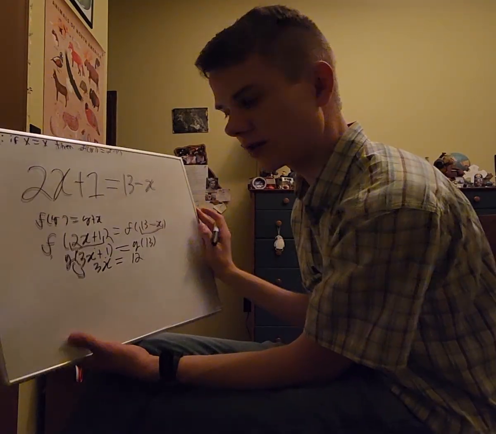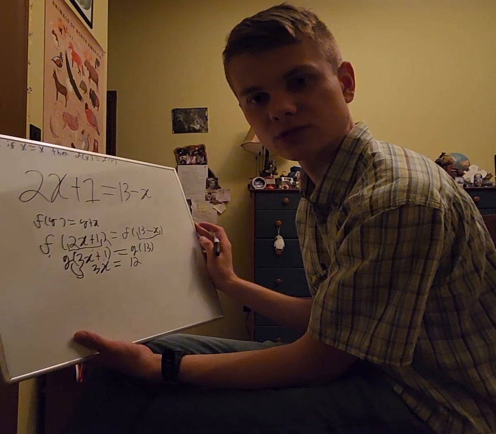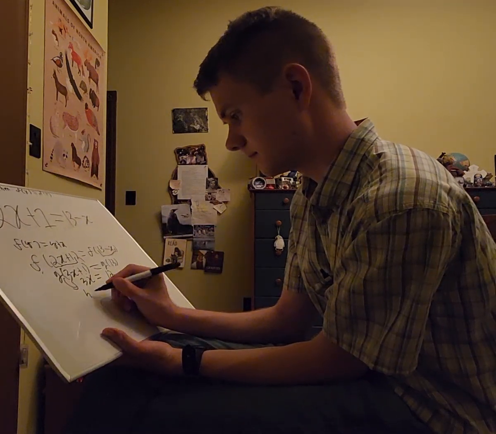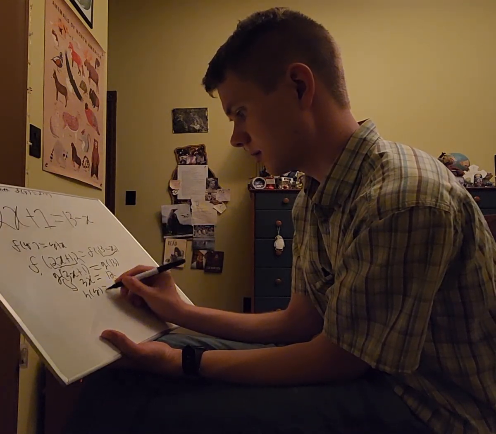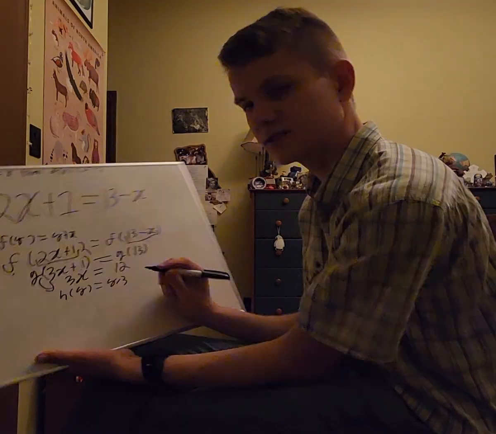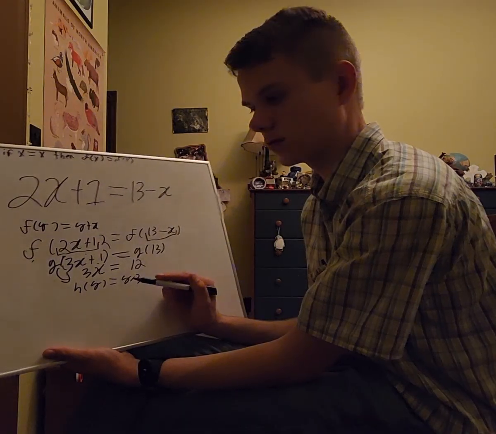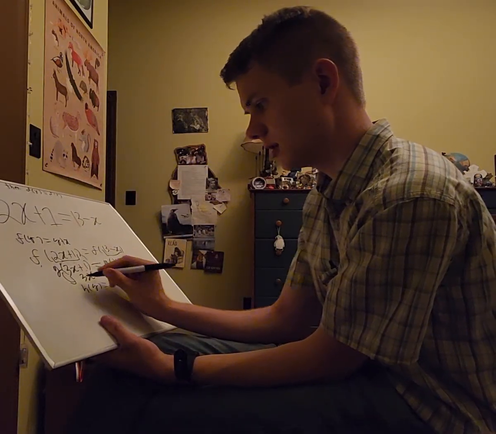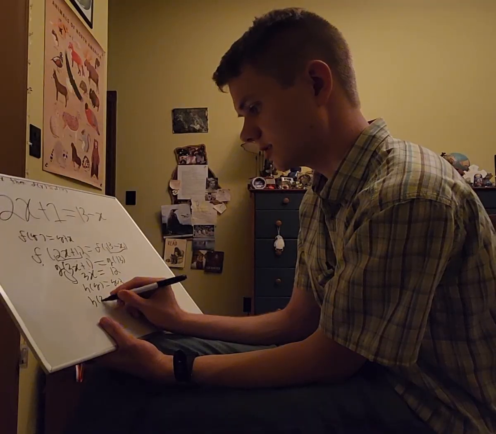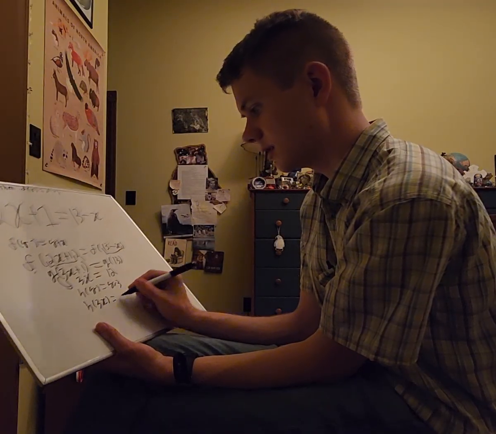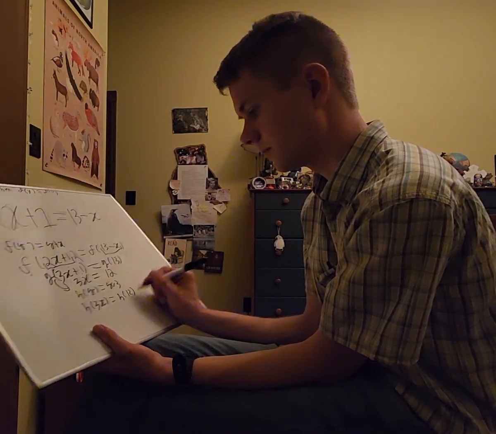So let's make our last function h(y), which equals y divided by 3. Since these are equal, the outputs of the function are going to be equal. So, as we know, h(3x) is equal to h(12).